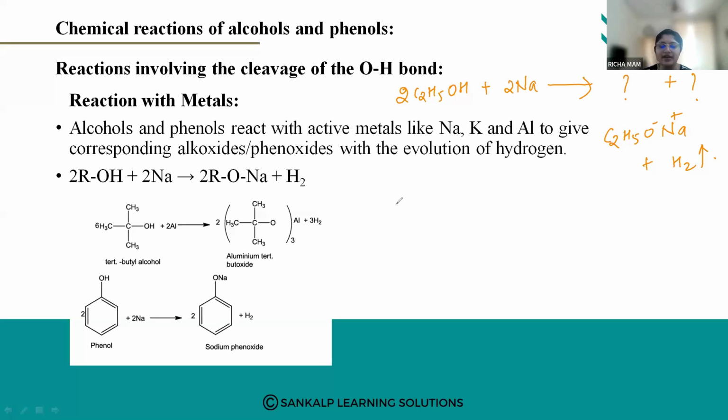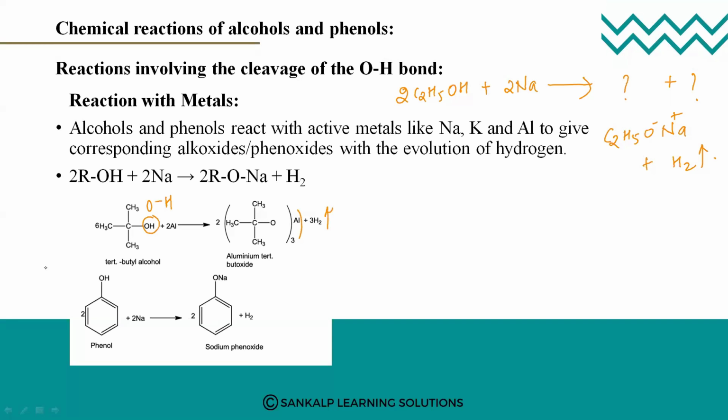Now suppose I have 6 moles of tertiary butyl alcohol. When you react it with an active metal like aluminium, what is formed? Here the OH bond is broken and it is substituted by OAl, thrice, plus 3H2 gas is liberated.